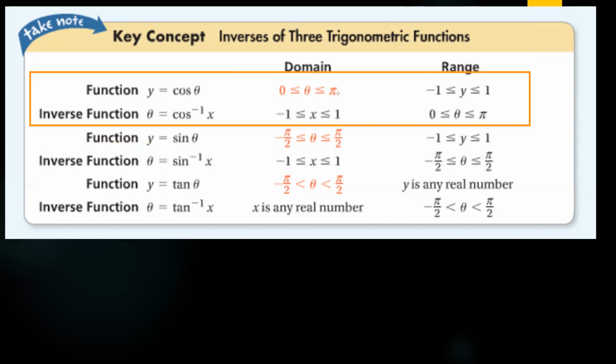The domain of the cosine will be the range of the cosine inverse, and the range of the cosine will be the domain of the cosine inverse.